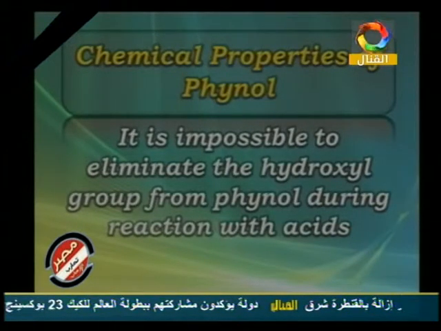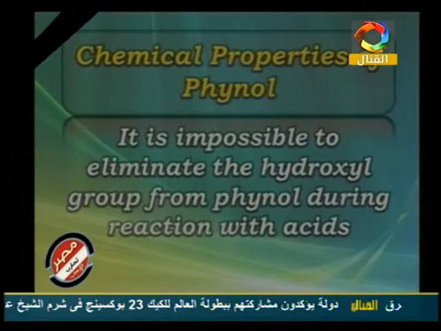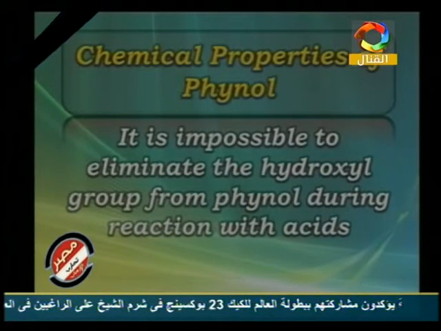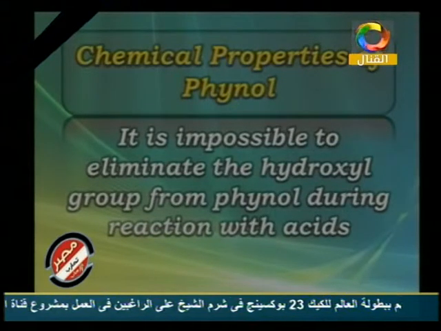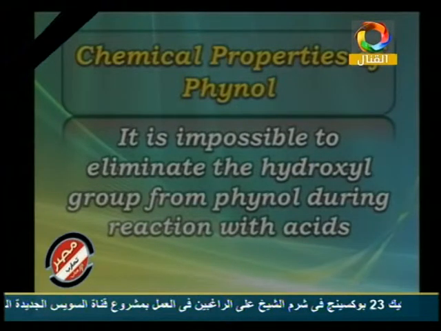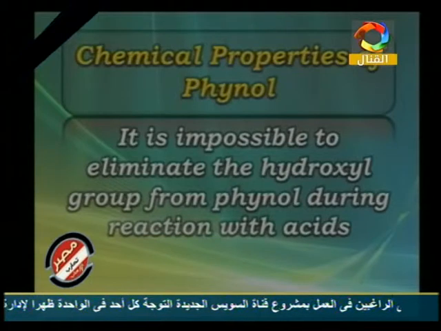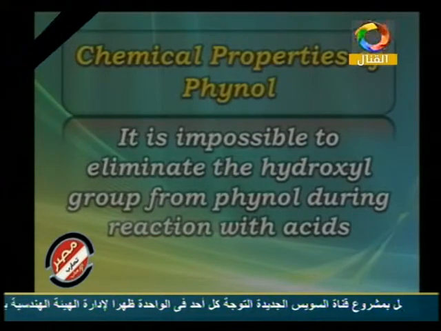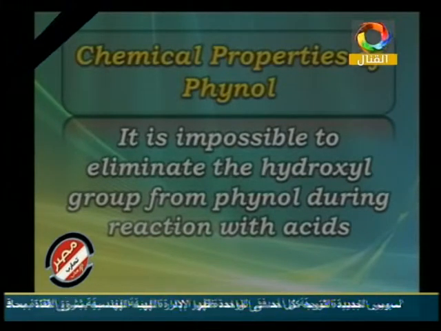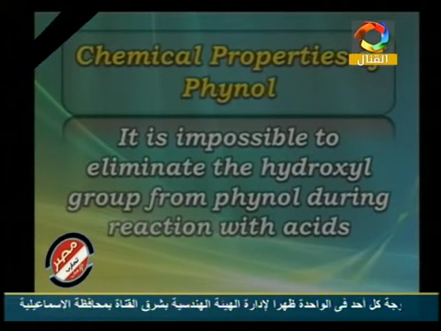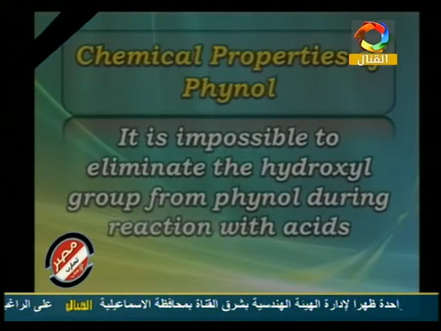Again, you must understand this. It is impossible to move out the hydroxyl group from the phenol during reaction with acids. Why? Because phenol has acidic property like acids, like HCl, like H2SO4 and so on.